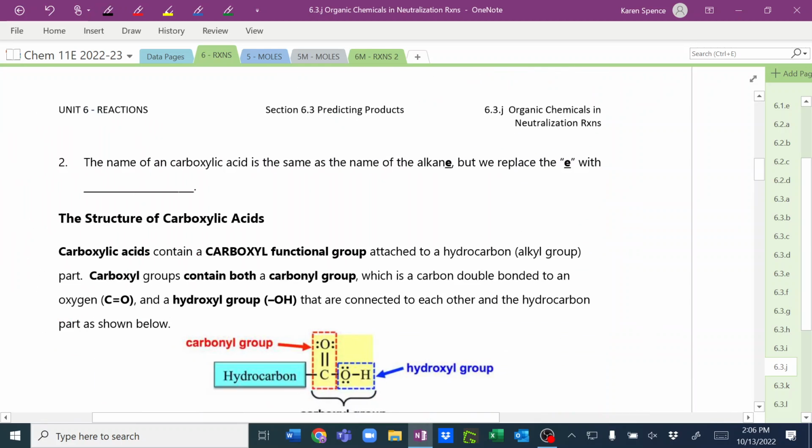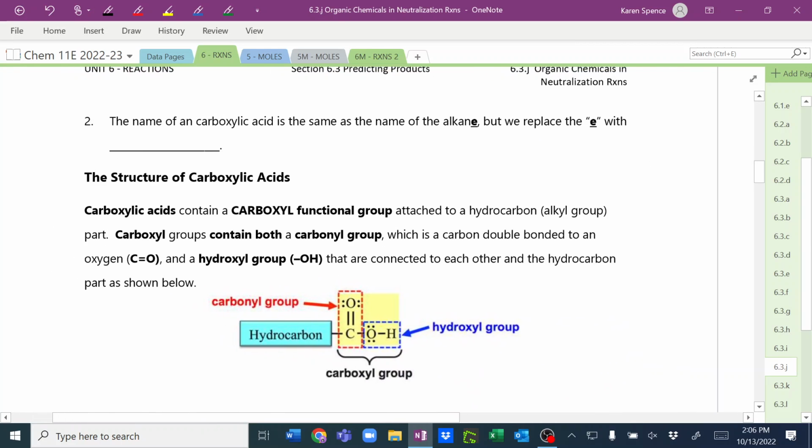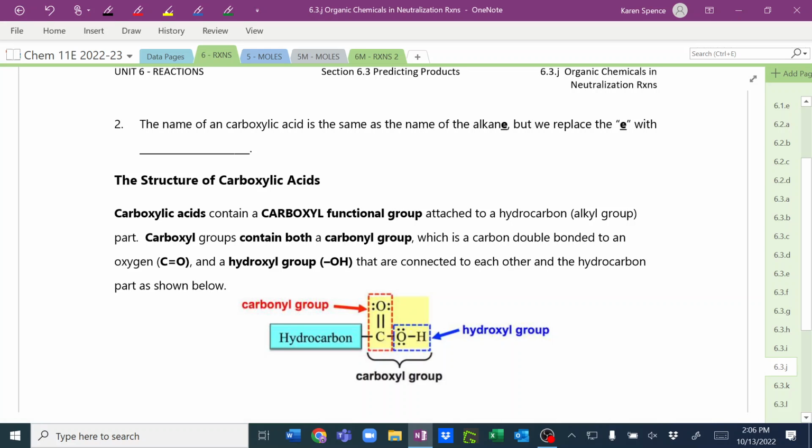So are we ready to do this next part together? What did you notice about the name of the ending? We take the alkane name and what do we do with it? Oic acid, oic. Okay, so we have now learned 2 different functional groups.